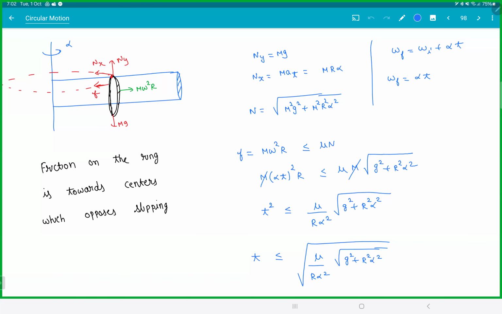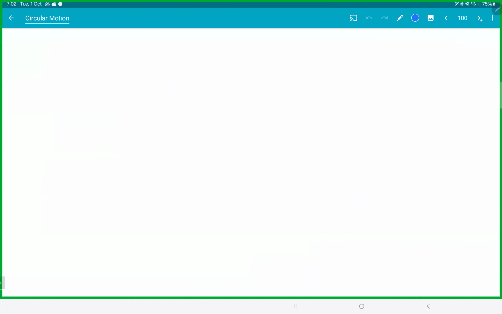And the next part is the radius of curvature. So what is this radius of curvature? So basically a segment of a curve can be treated as a part of a circle.